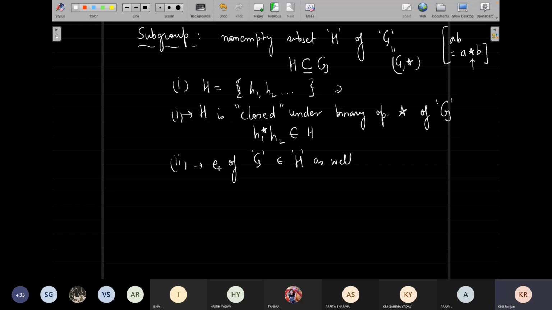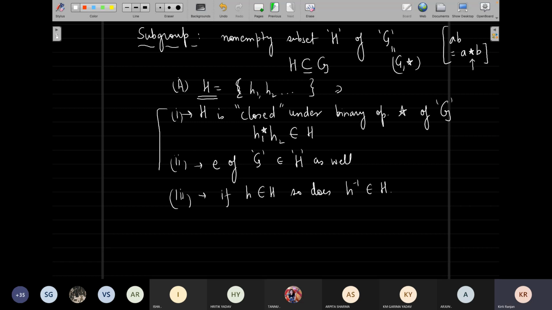Since the identity element of the group is a unique element, if the non-empty subset H has to be a group, then it has to meet 3 properties. One, it is closed. Another, the identity element of the group has to be in H. And third, can anybody guess? Inverse. Right. If H is in H, so does H inverse.